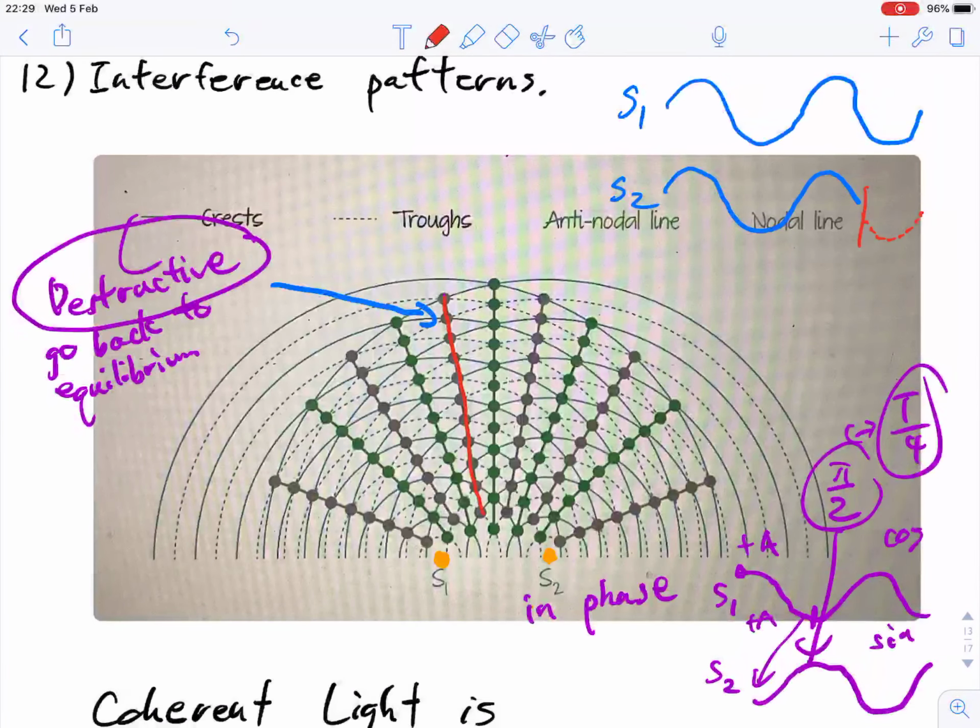So when it's missing half a wavelength, remember, this is one full wavelength. That's one full wavelength, and therefore this is half a wavelength. So when these two waves merge together, it actually looks something more like this. I'm going to try to do it on here.